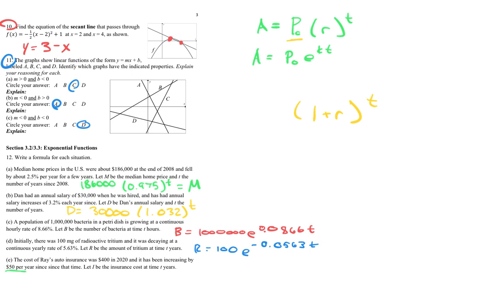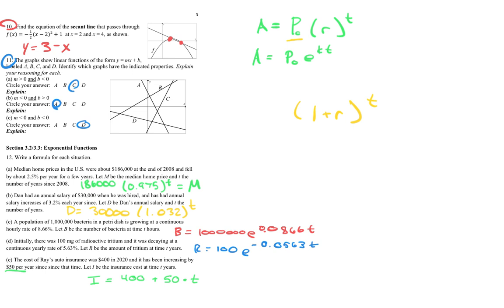Our insurance cost is going to be our initial amount, $400, plus the amount we increase per year times time. This is just like our y equals mx plus b form. It's a nice linear line where we have an initial amount and then our rate of increase. That's all of these ones.